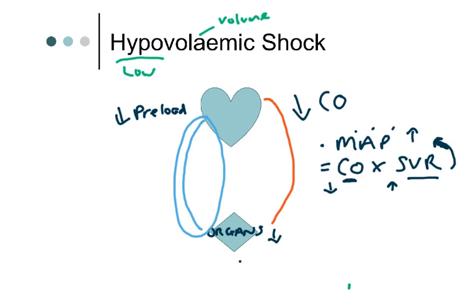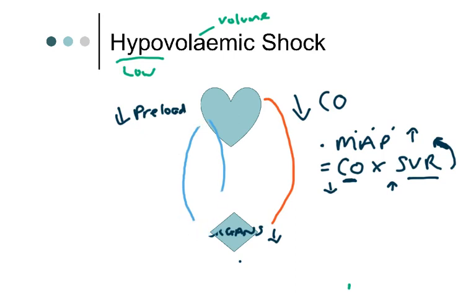So when the baroreceptors in our bodies detect a drop in blood pressure, so a drop in the mean arterial pressure, the sympathetic nervous system releases adrenaline. This leads to vasoconstriction.